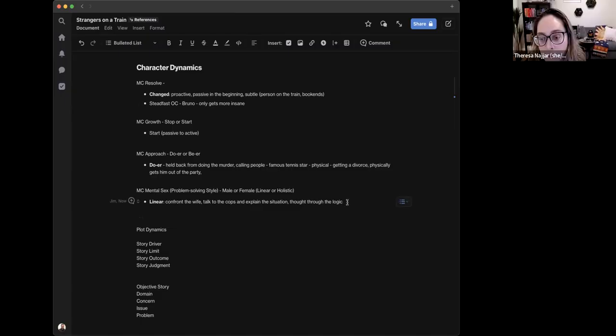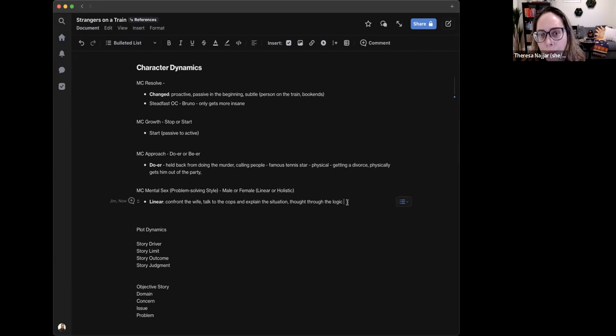Interesting. Okay. Yeah, so I do think it's more linear, but I don't think it's crisply linear. I think it's closer to the middle, but I do think it's more on the linear side. If I remember on Wikipedia, it said it was based on a book called Strangers on the Train, or maybe it was a novella or something.